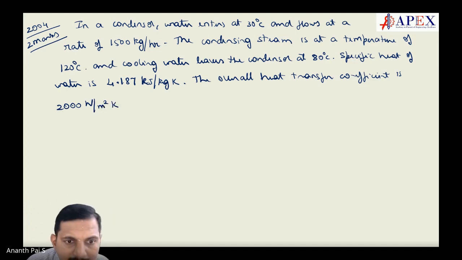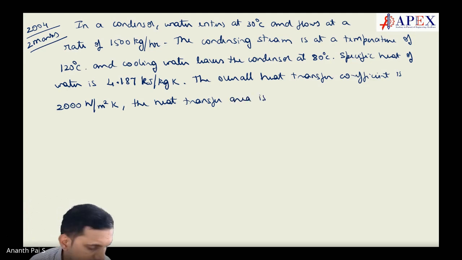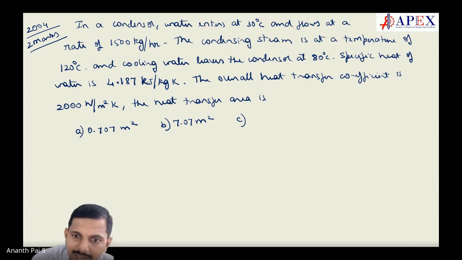The heat transfer area is: A, 0.707 meter square, B, 7.07 meter square, C, 70.7 meter square, and D, 141.4 meter square. What's the answer?